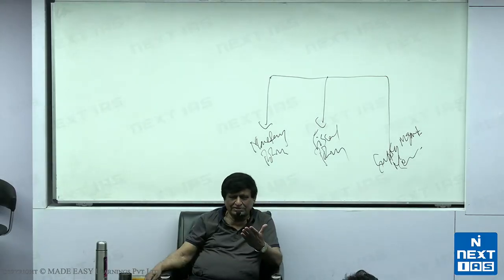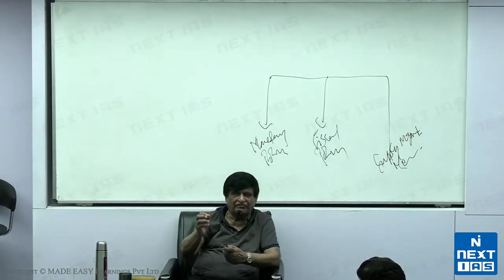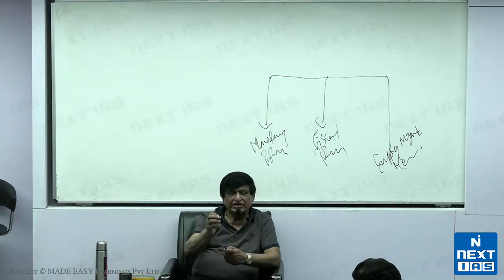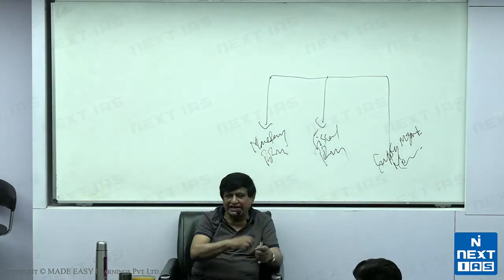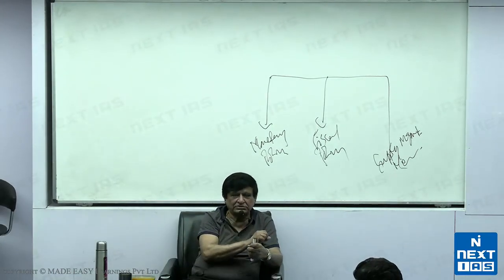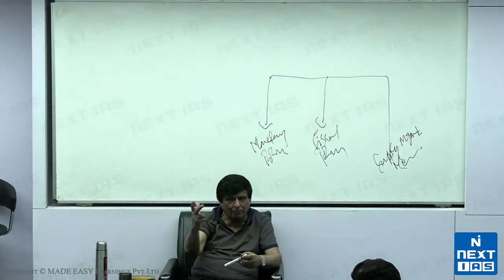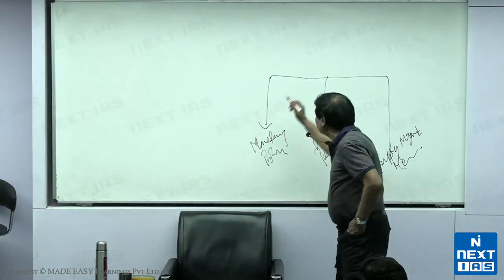SLR, statutory liquidity, is that ratio of the total deposits of a bank which it has to keep with itself at any given point of time in the form of government securities. You know the two purposes SLR serves. You have provoked me to answer this question.